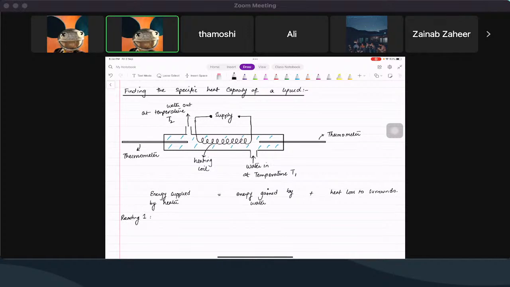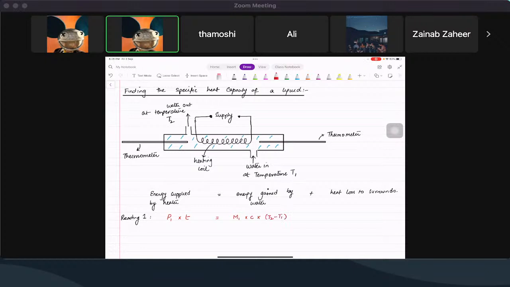The energy given by the heater would be: power 1 times time equals mass 1 times C times the change in temperature.